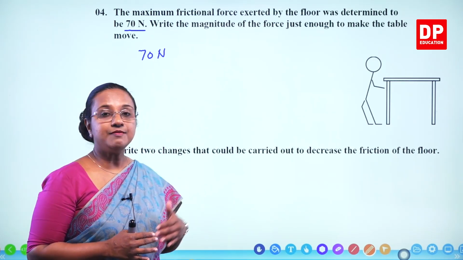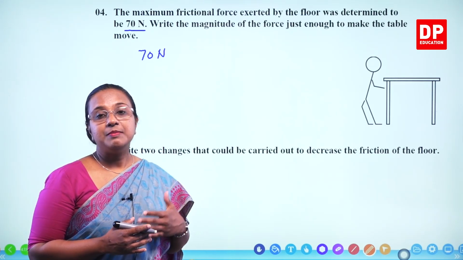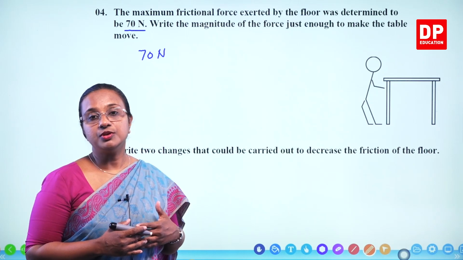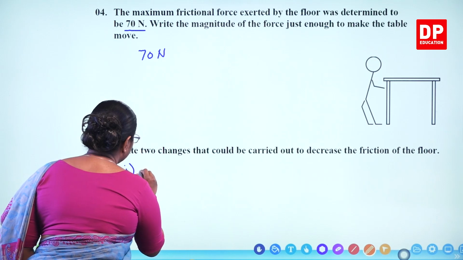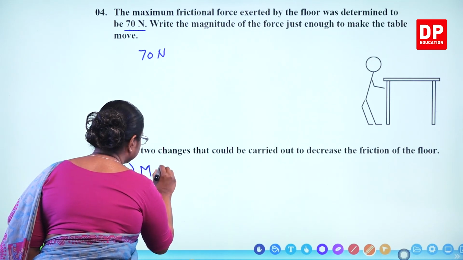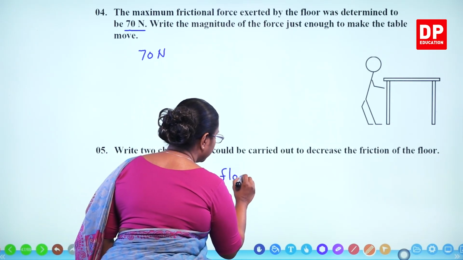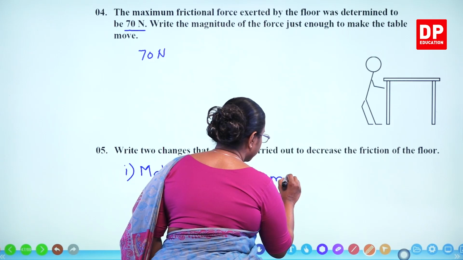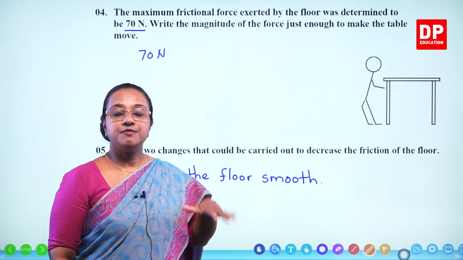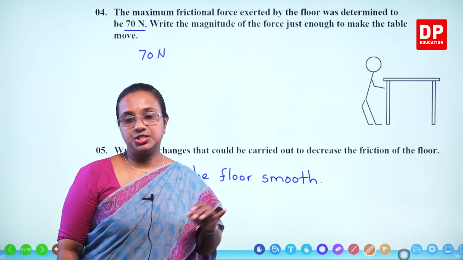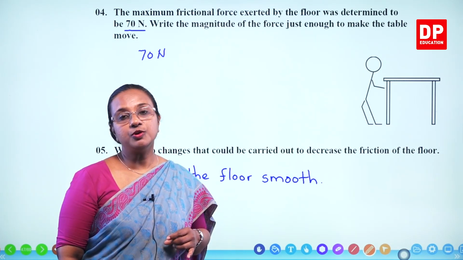So we can say we can smoothen the floor or we can make the surface of the floor smooth. So that is one change. Make the floor smooth. Or else we can apply a polish. By applying a polish also, we can make the floor smooth.